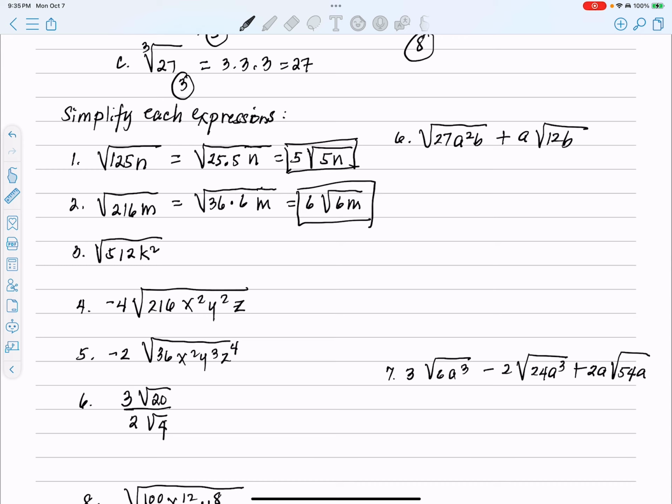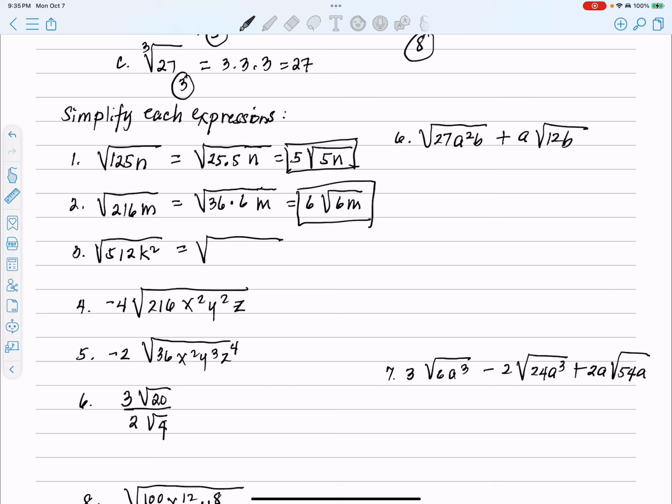How about the square root of 512k squared? Alright, that's a little bit of a higher number. I could start dividing 512 by 2.